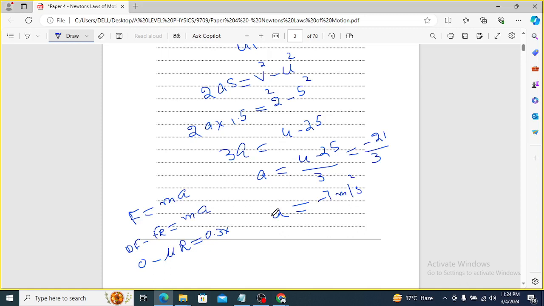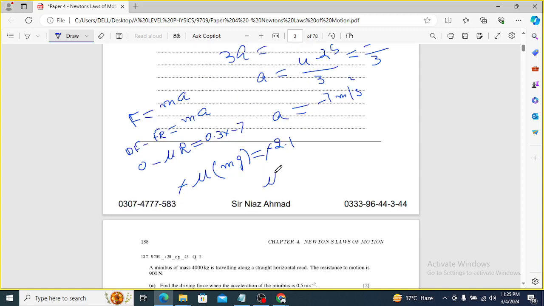So minus mu R, where R is mg. R is always mg, and that is 7 times 0.3, 2.1, so minus 2.1. The minus cancels the minus, and mu, the coefficient of friction, is 2.1 over mg.